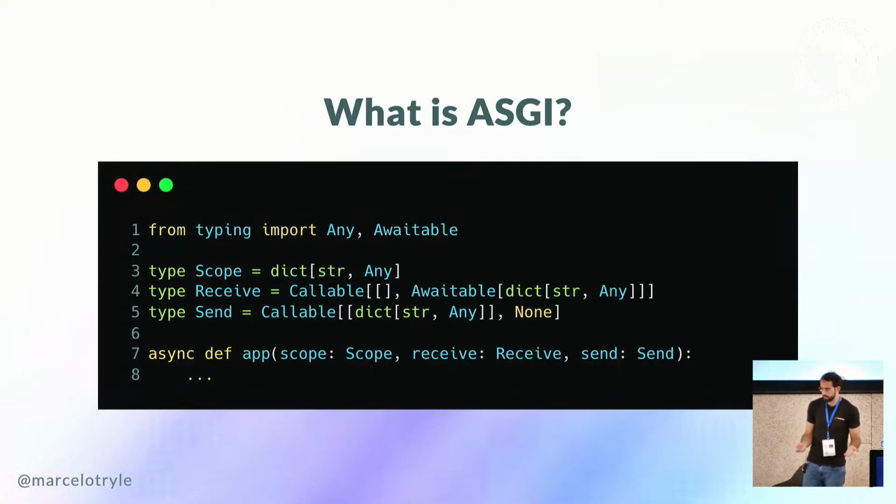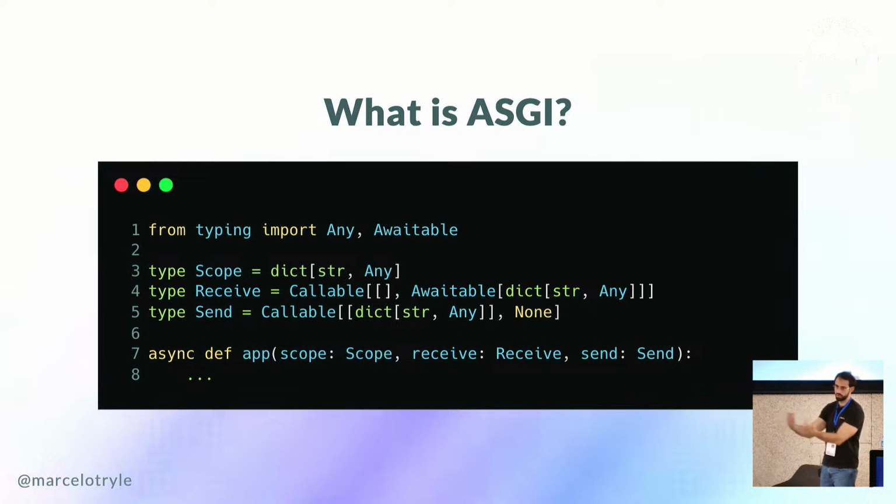So, again, what's ASGI? It defines how you communicate between the server and the application. So it needs to define that in a way so they can understand each other. The server needs to understand the application and the other way around. So you define this interface where you have an application, and then you pass the scope, receive, and send. Receive is used for the application to get information from the server, and send is for the application to send information to the server.